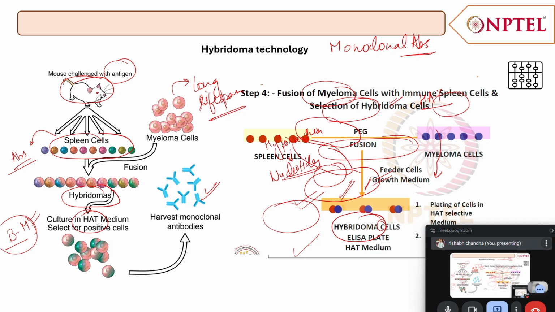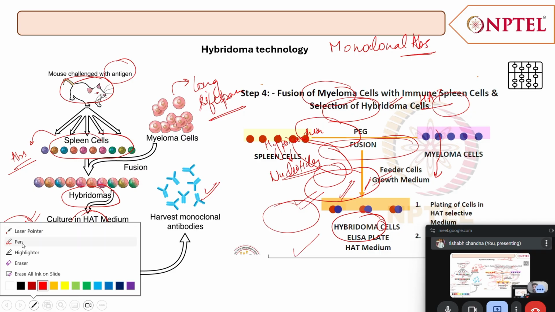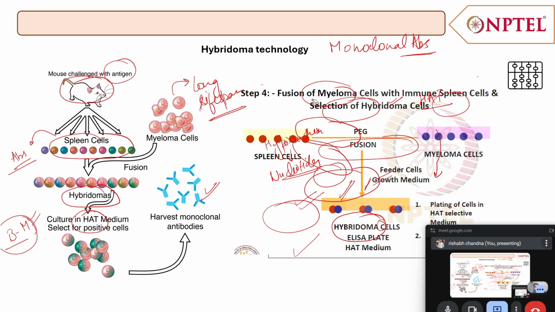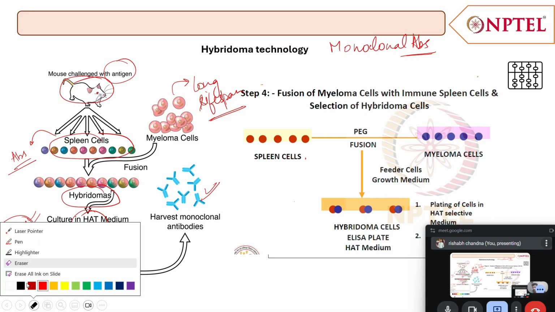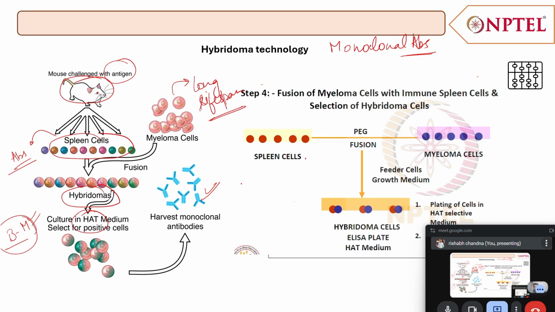Because when we add the spleen cells with the myeloma cells, we have different cell combinations that can be seen after the fusion.